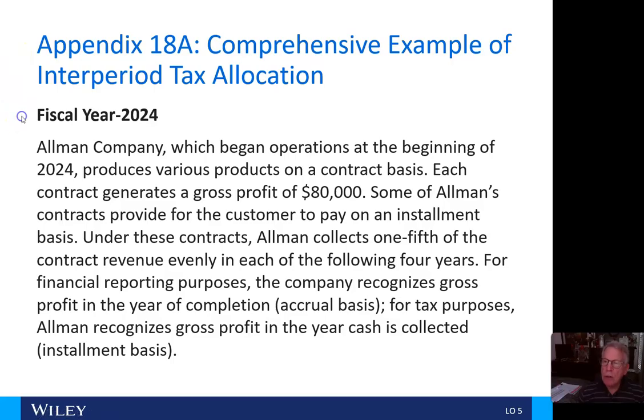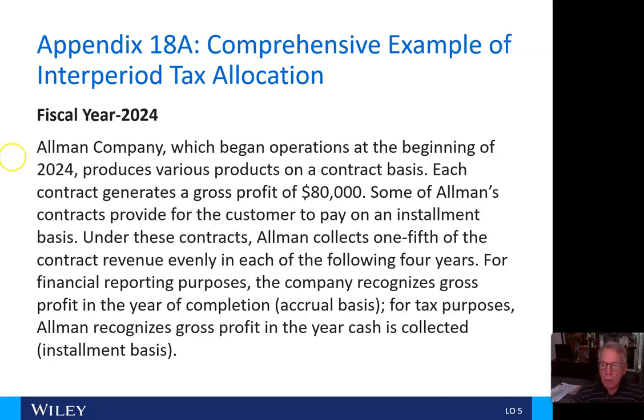So for fiscal year 2024, the Allman Company, which began operations at the beginning of 2024, produces various products on a contract basis. Each contract generates a gross profit of $80,000. Some of Allman's contracts provide for the customer to pay on an installment basis. Under these contracts, Allman collects 1/5 of the contract revenue evenly in each of the 4 years.